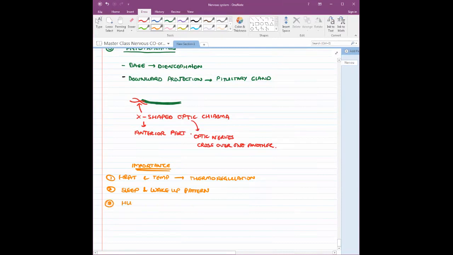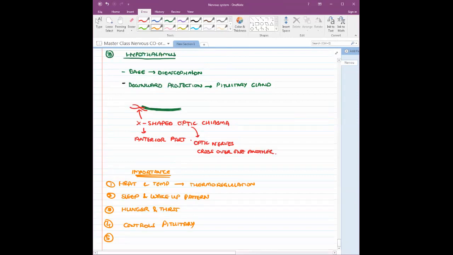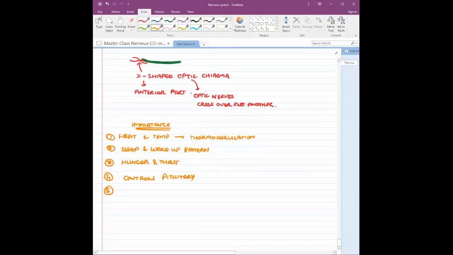Third, your hunger and thirst are also taken care of by your hypothalamus. Fourth, this controls your pituitary. And finally, like we said in hormonal coordination, this also produces neurohormones.